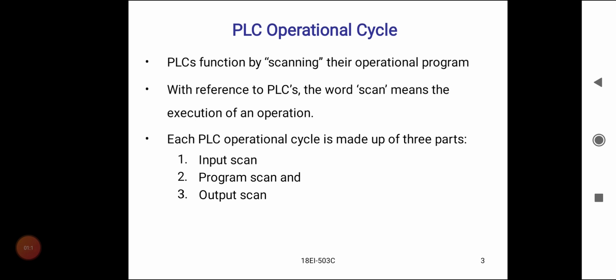So PLCs function by scanning their operational program. With reference to the PLCs, the word scan means execution of an operation. Each PLC operational cycle is made up of three parts: input scan, program scan, and output scan.